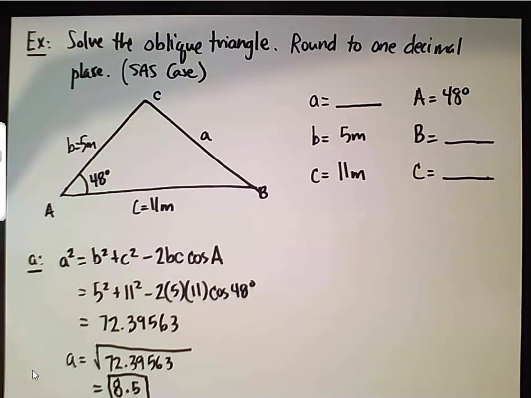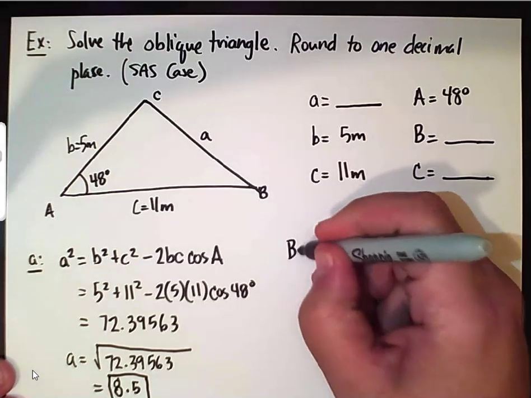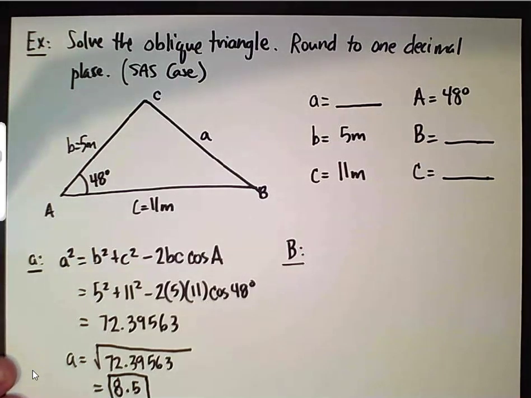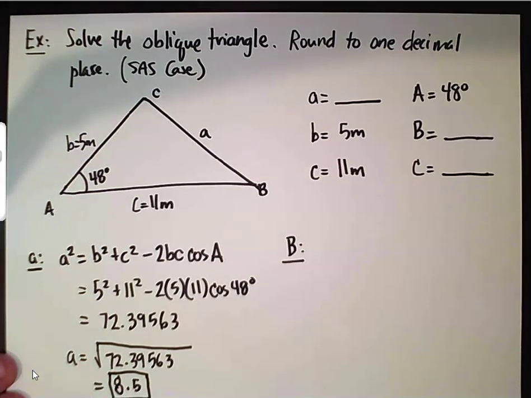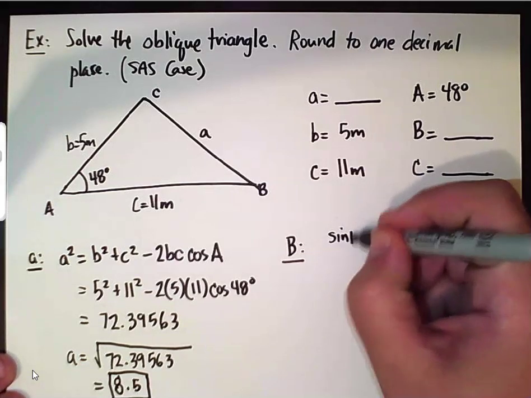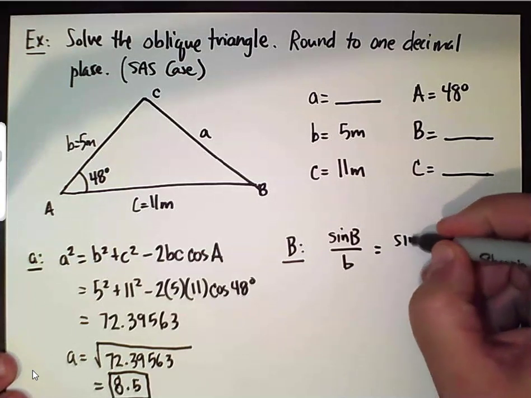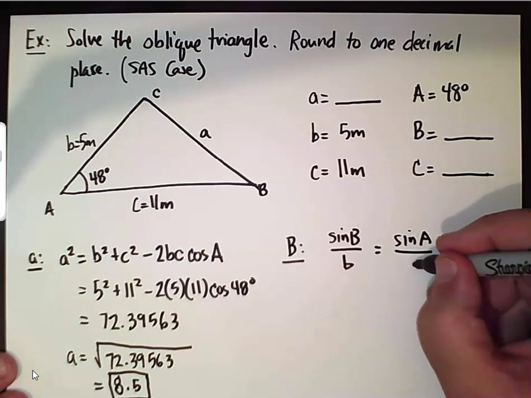Now that I know side a and angle A, I can use that and the law of sines to find angle B, because sine of B over b is equal to the sine of A over a.